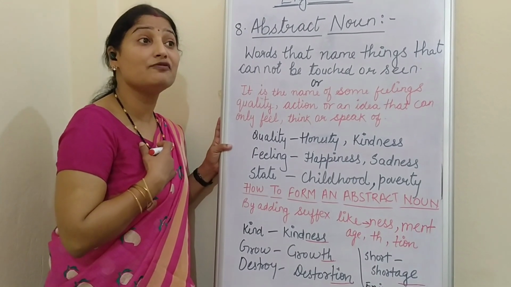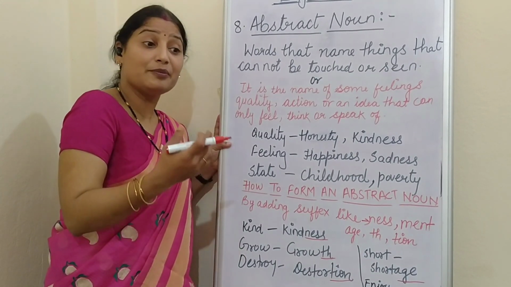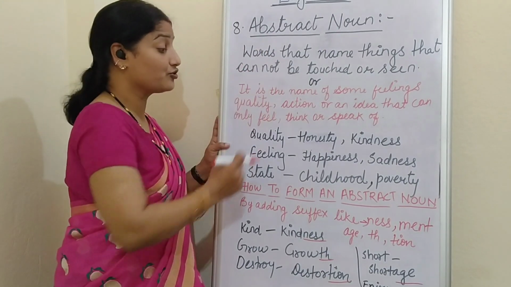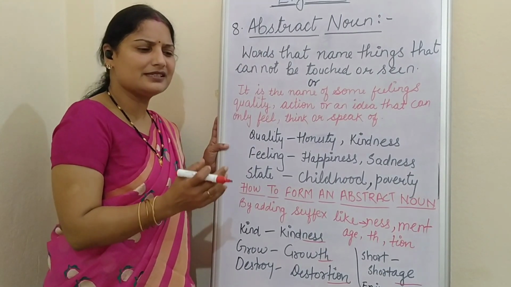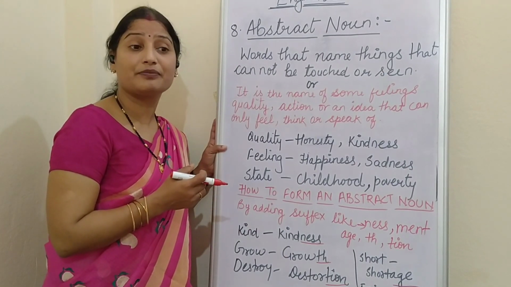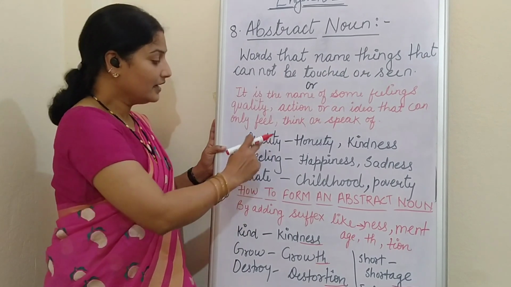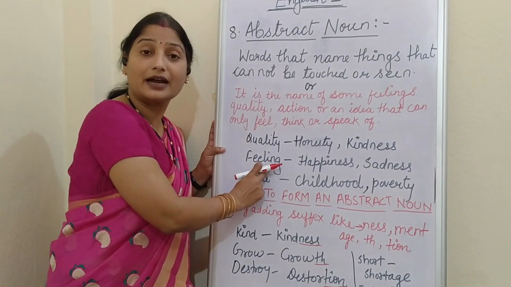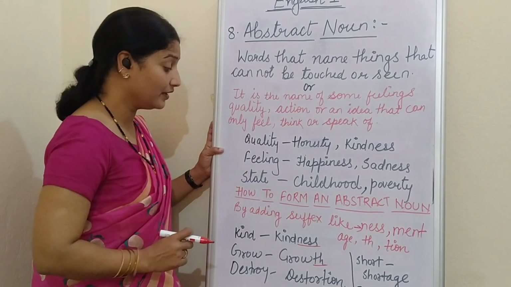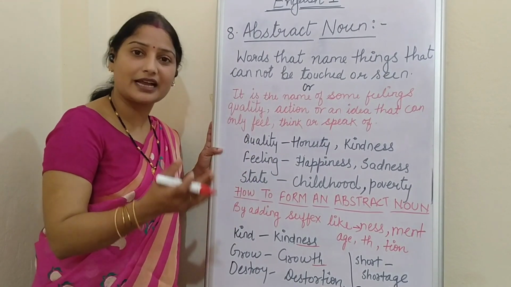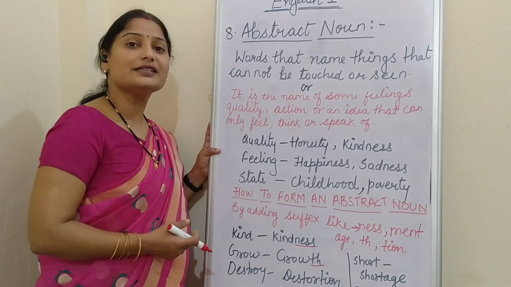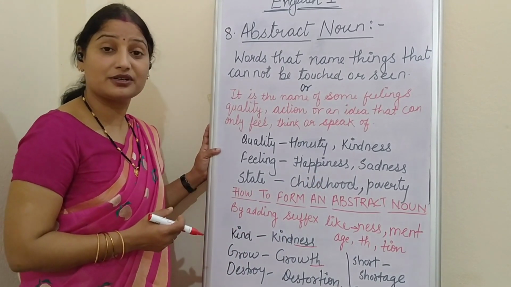If we see something very beautiful, then we become very happy, and this happiness is an abstract noun. If we see something very pitiful, then definitely we feel very sad, and this sadness is the feeling of our heart. This is the abstract noun. In the same way, some states like childhood, adulthood, poverty, all these are examples of abstract nouns.